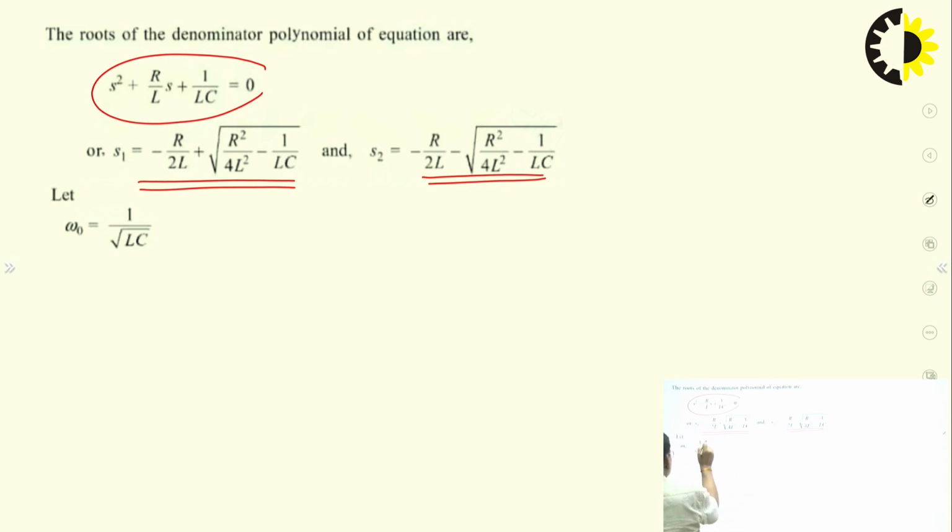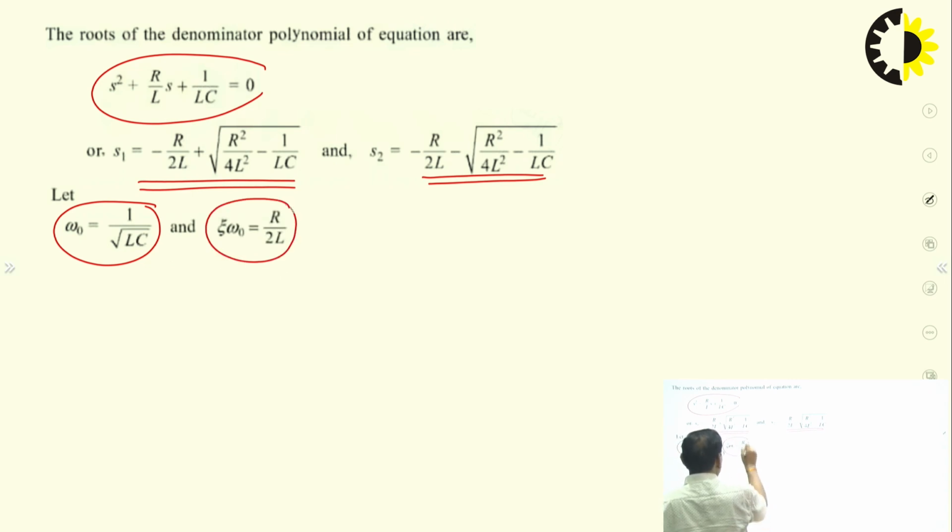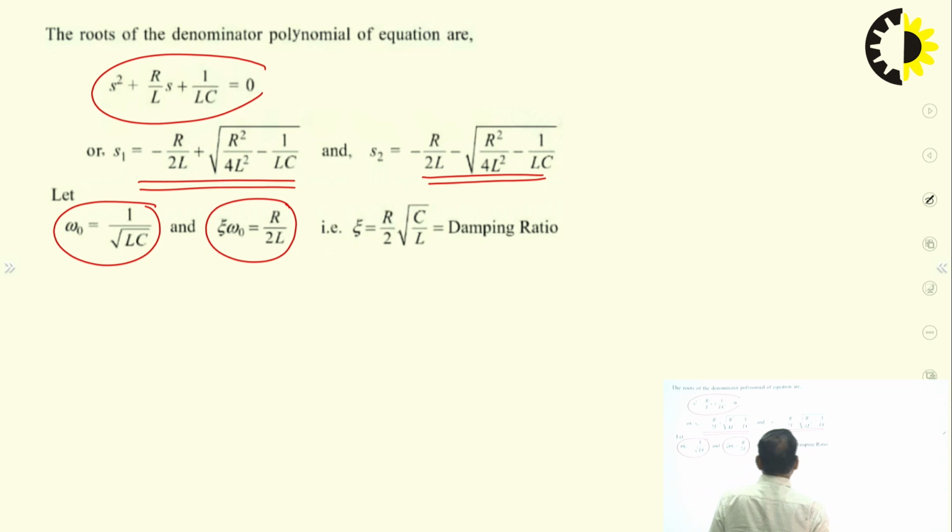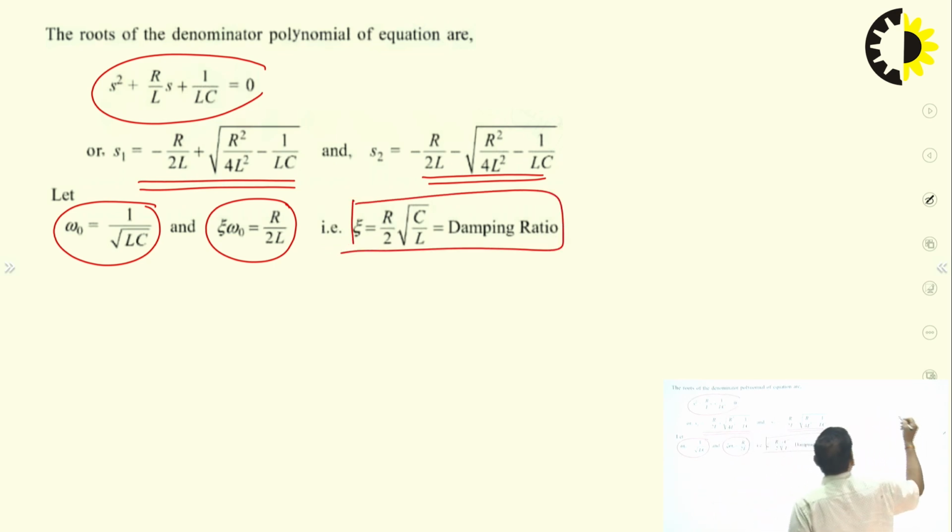Let's simplify: omega 0 is equal to 1 by root LC, and zeta omega 0 is R upon 2L. Basically, how do we get zeta?